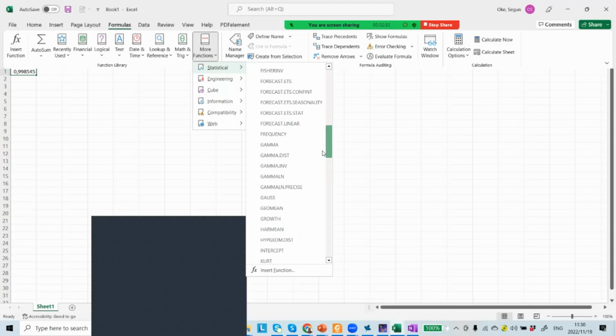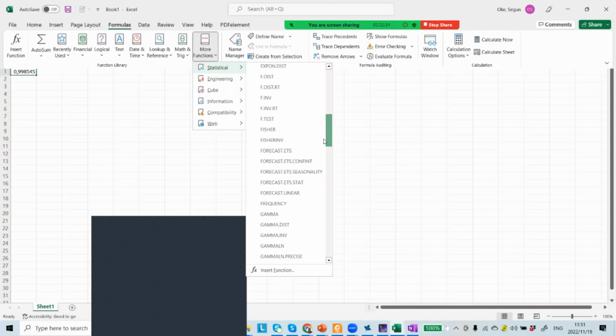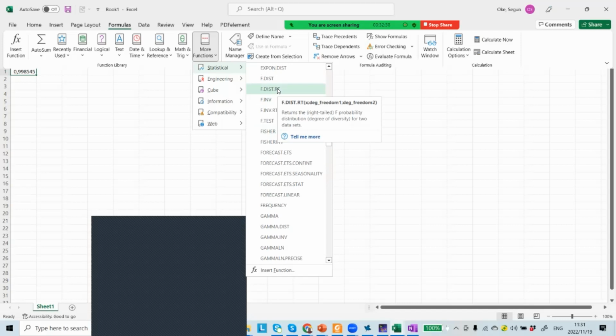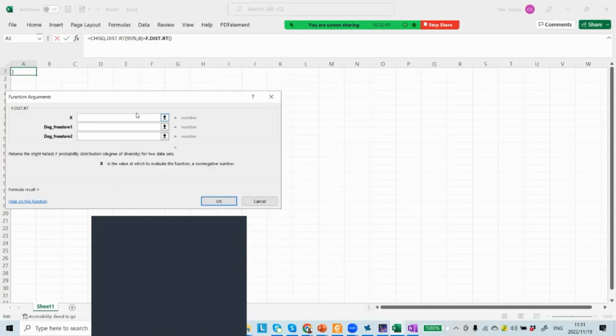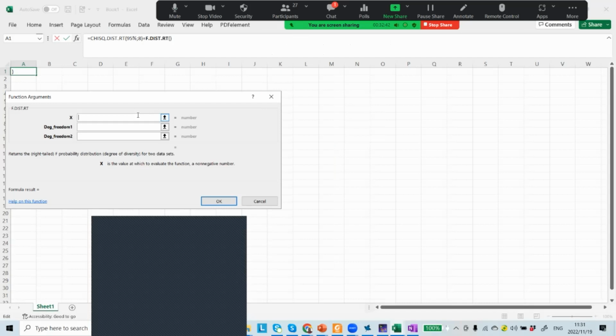Help distribution. We have 0.05. We have 2.